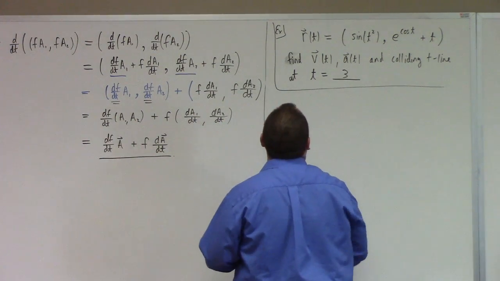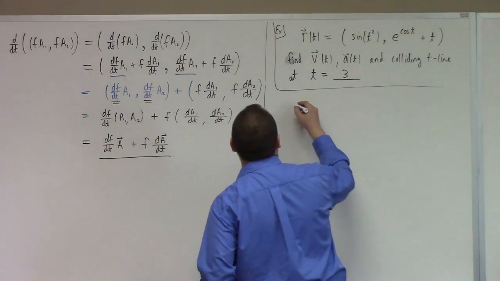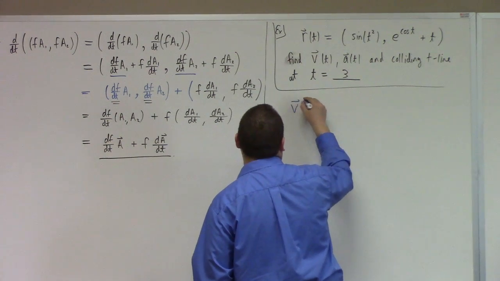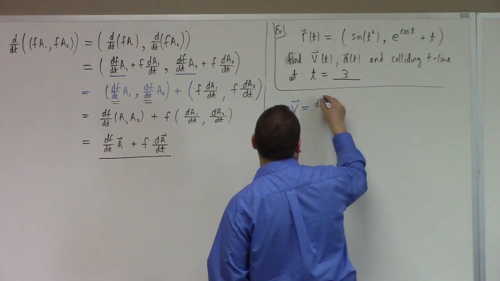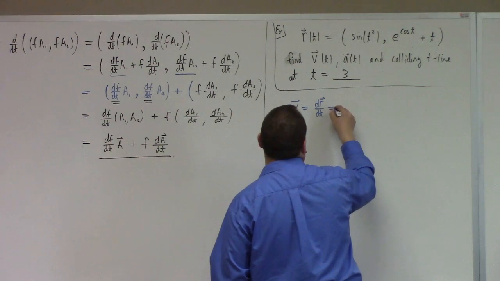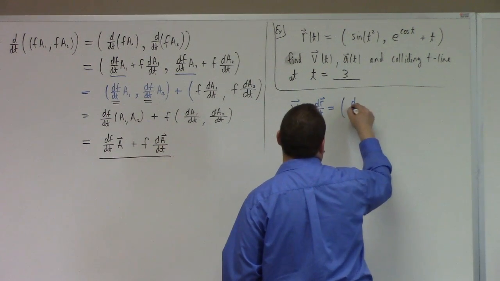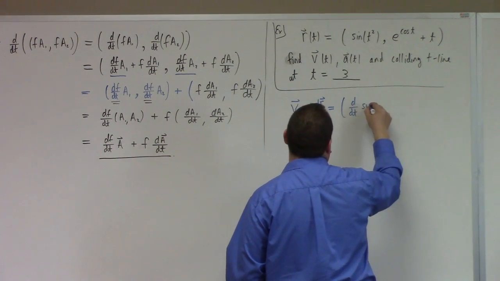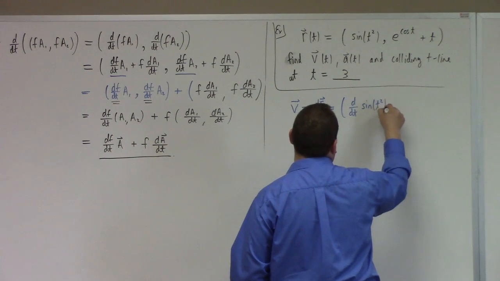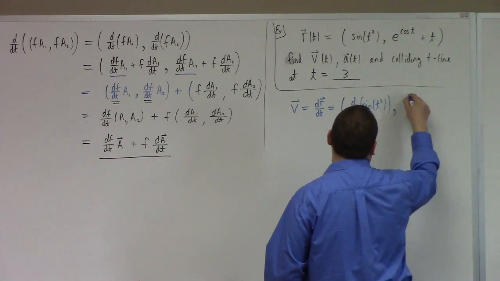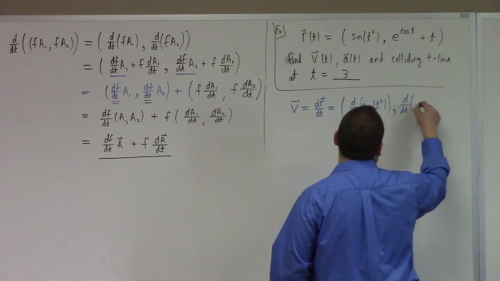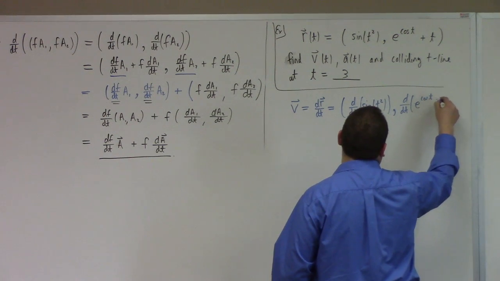All right, so basically here we just have to go, okay, what is the velocity? Velocity is dr/dt, right? So we have to do d/dt of the sine of t squared, comma, d/dt of e to the cosine of t plus t.